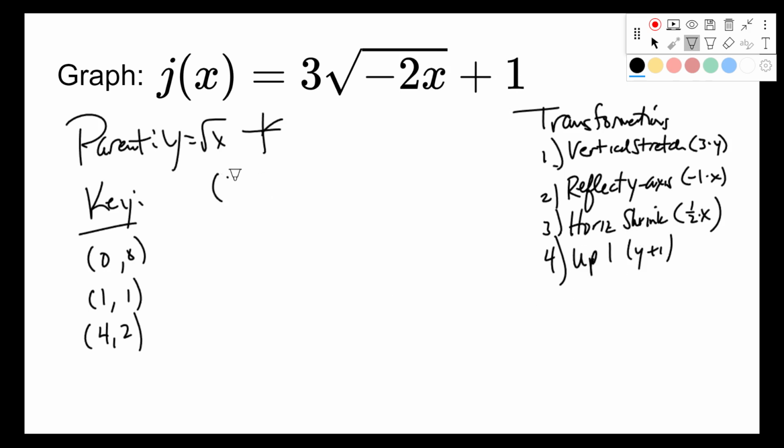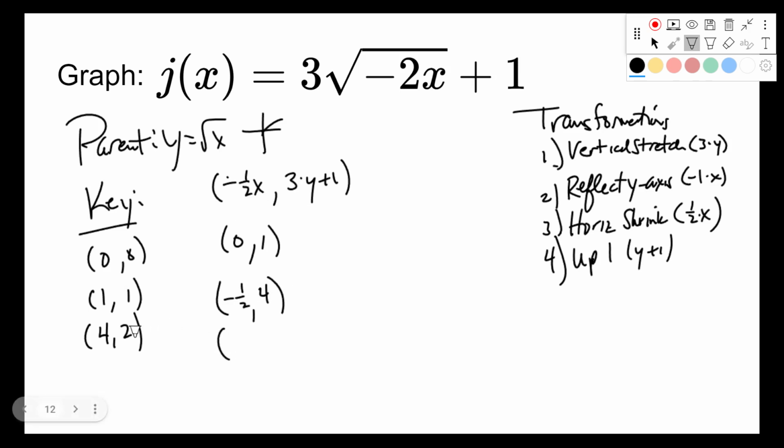So I'm going to take my x's, multiply them by negative 1/2. The negative 1 and the 1/2 do it at the same time. My y's, I am going to multiply by 3, add 1. So 0, 0, 0 times negative 1/2 is still 0. 0 in for y is 1. 1 in for x, negative 1/2. 1 in for y, 4. 4 in for x, negative 2. 2 in for y, 6, 1, 7.